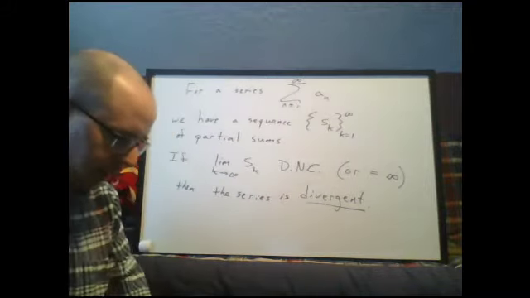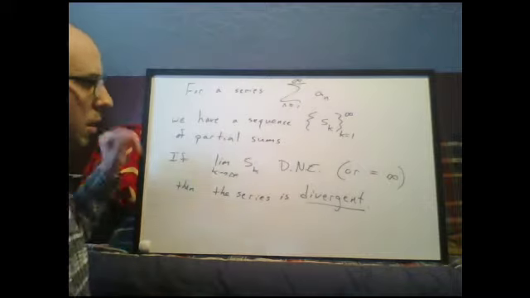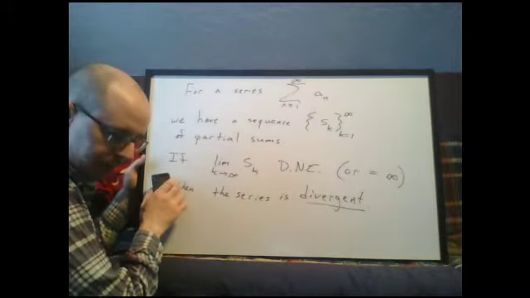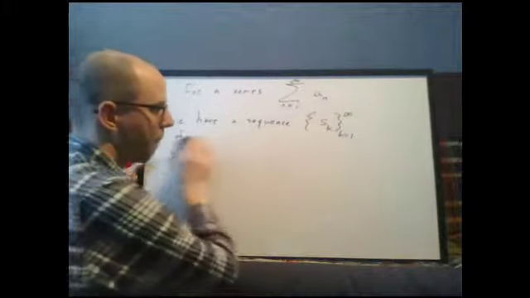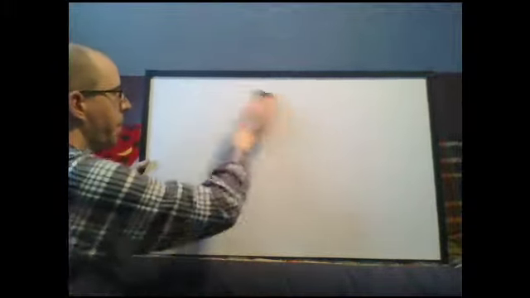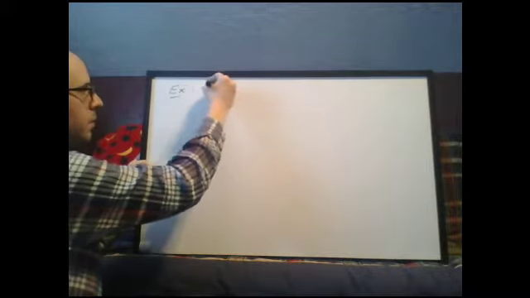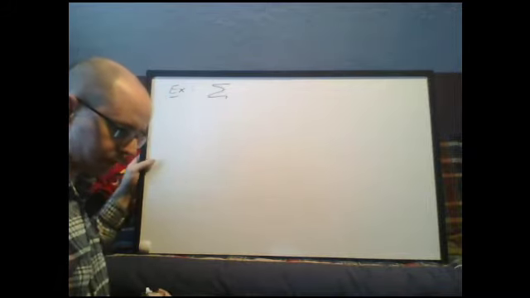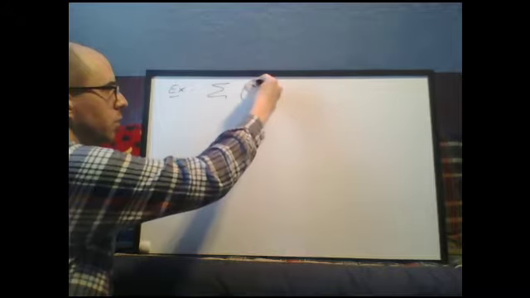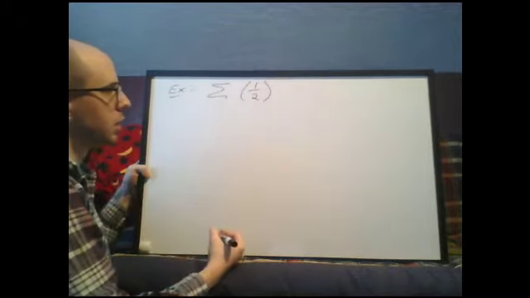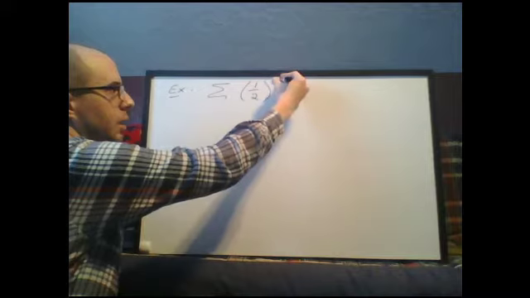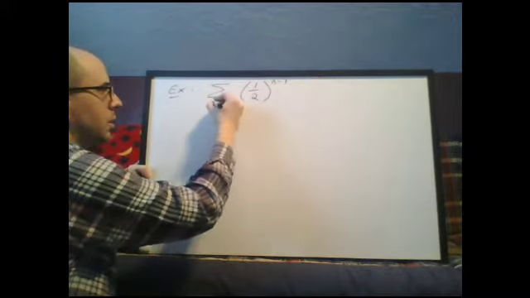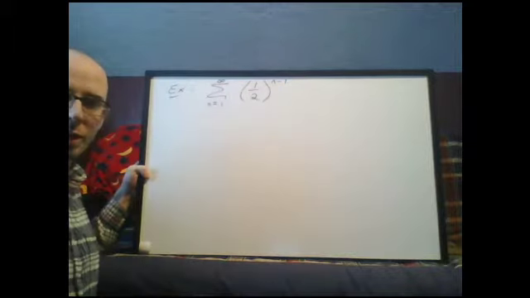All right, so let's look at a specific example and figure it out from scratch. I want to look at the series summation of 1 over 2 to the n minus 1 power, where n starts at 1 and goes to infinity.